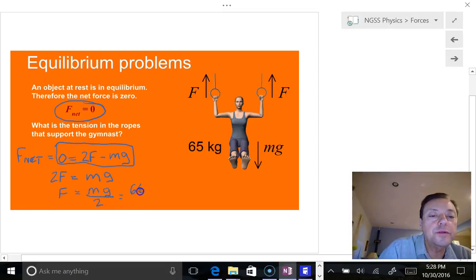So 65 kilograms times 9.8 newtons per kilogram over 2.